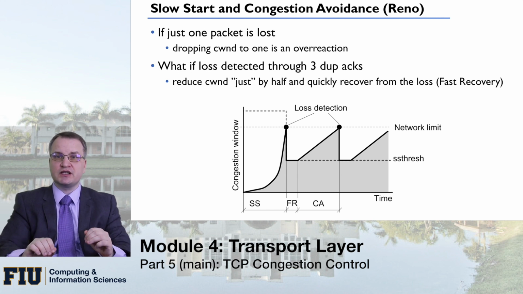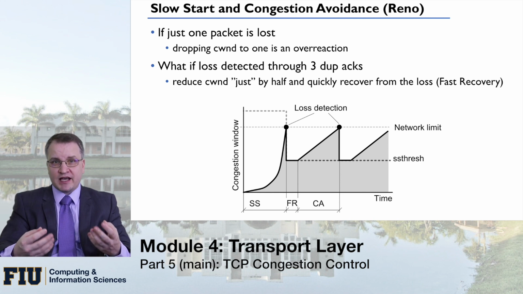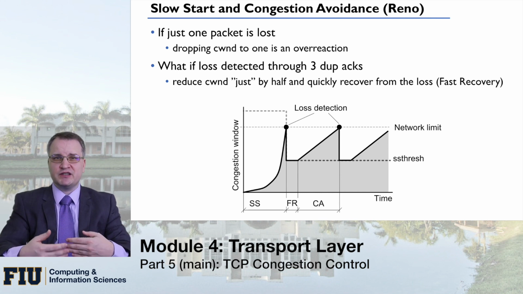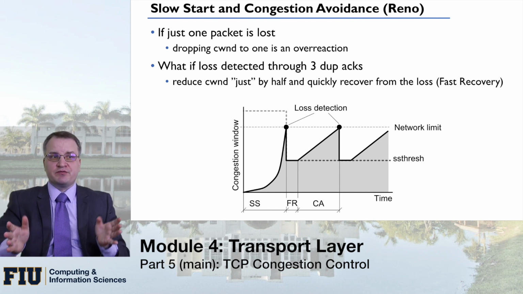Assuming the loss is only because of congestion, you detect that something bad happened, but it's not critical. So in that case, you can think that we still have traffic going through the network. There is no reason to drop drastically to 1. We can just halve it and try to send out more. Okay, so that's the basic idea of the stages of congestion control.